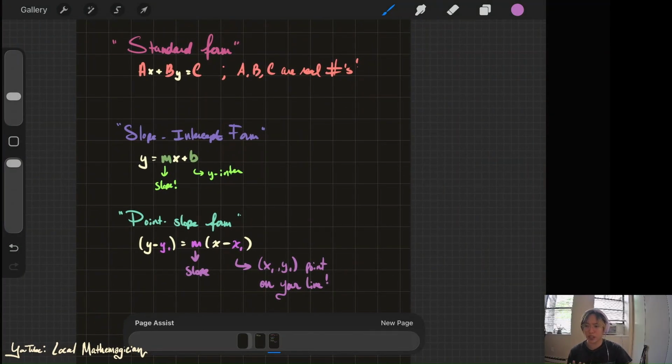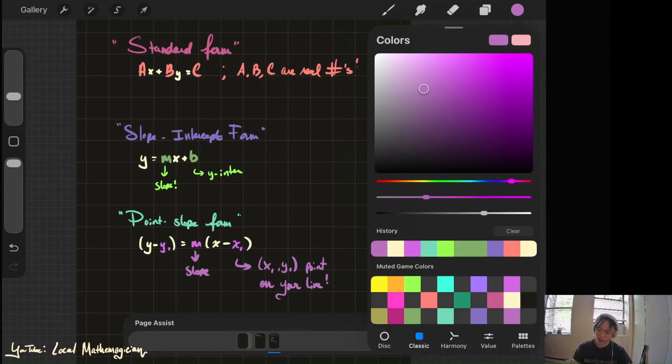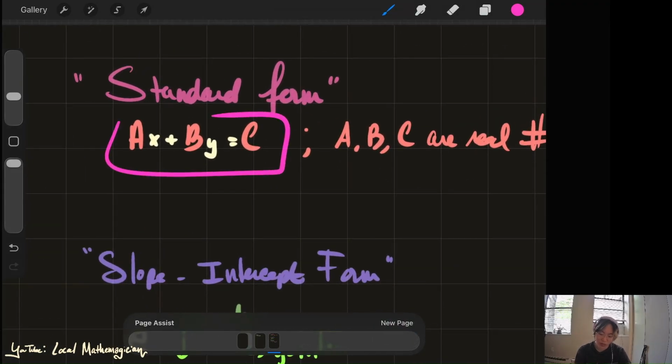They have different pros and cons, like we explored in a lecture a couple lectures back, right? This form is nice because you can find the x and y intercepts pretty quickly. For the x-intercept, y equals 0, so then you know that x is equal to c over a, for example, and you can calculate things pretty quickly.